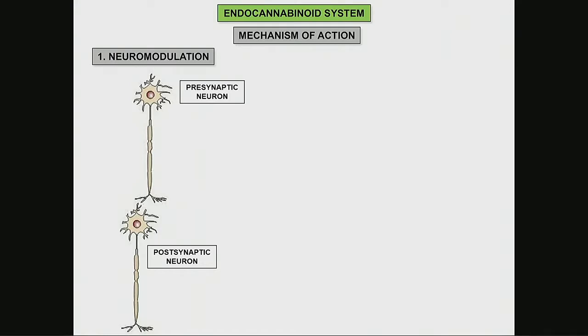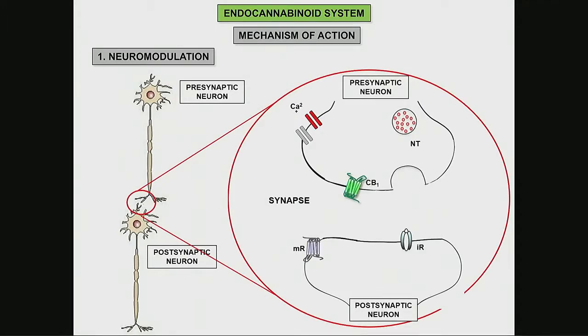If we zoom in on this area, the connection between the 2 neurons, we will see a space between the neurons that is called the synapse. This is the presynaptic neuron, and this is the postsynaptic neuron.